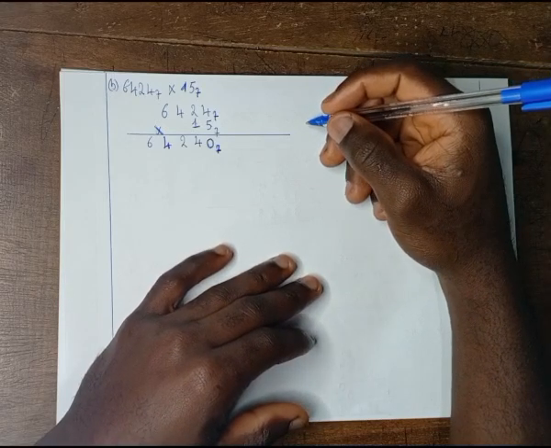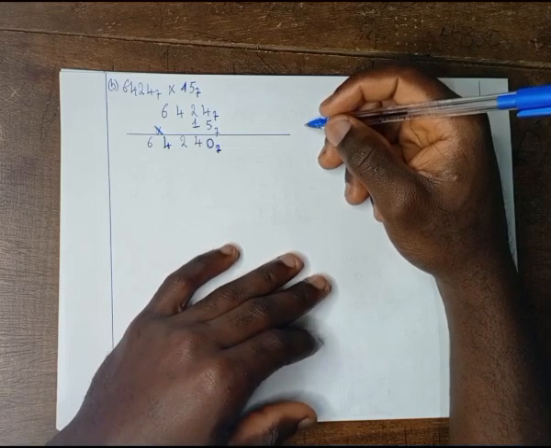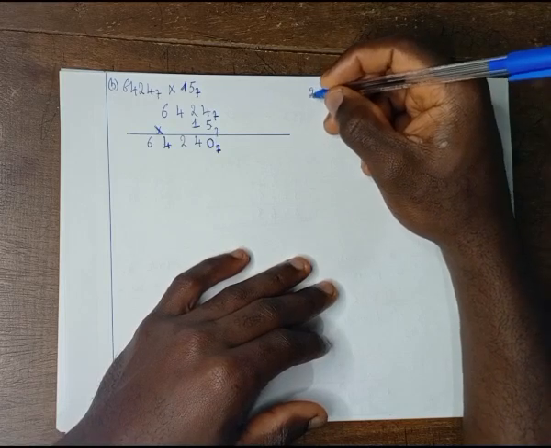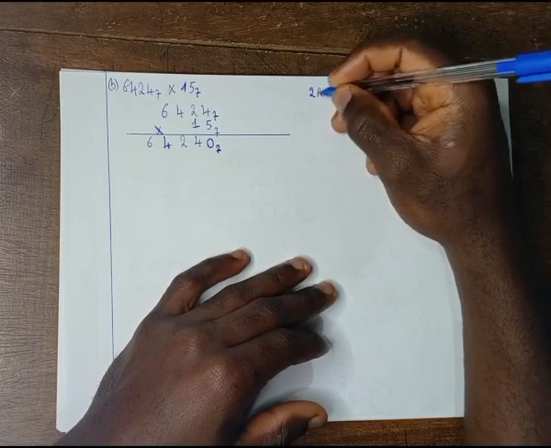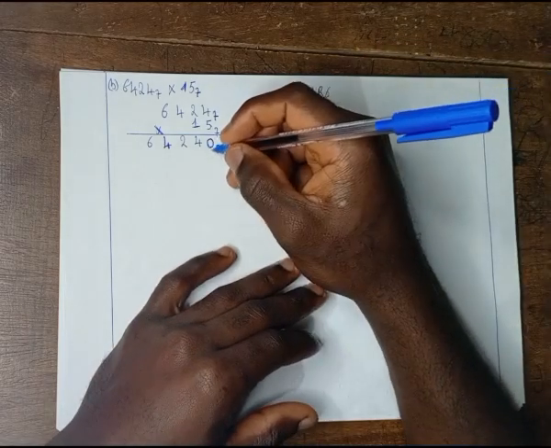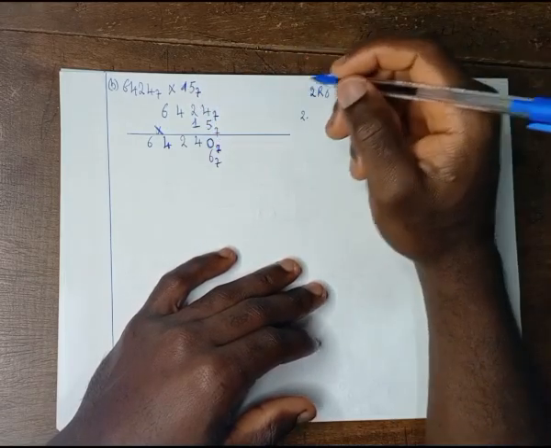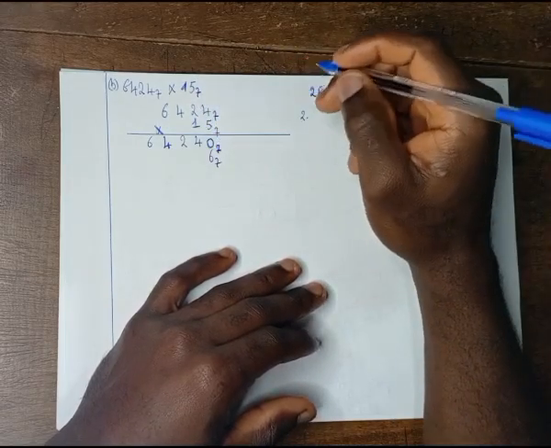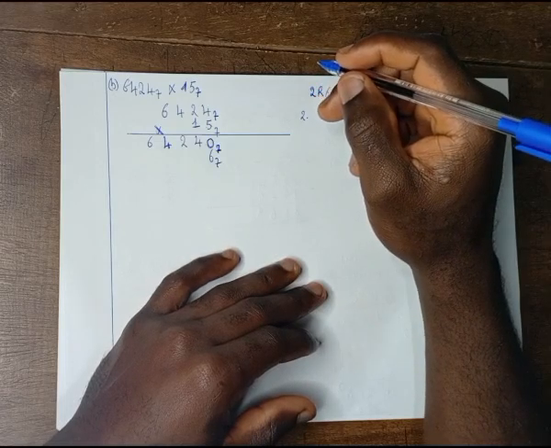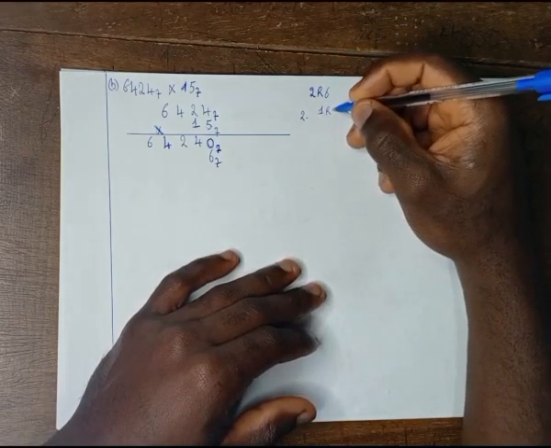20 is already more than 7. We know 20 in base 7 will simply give us 2 remainder 6. We are going to write down the remainder 6, bring down the base, then we carry the whole number part 2. 5 times 2 gives us 10, plus the 2 we carried gives us 12. 12 in base 7 will simply give us 1 remainder 5.